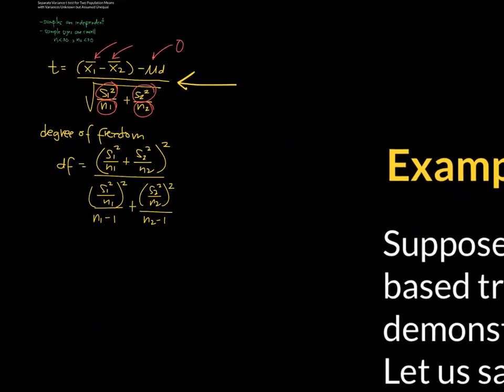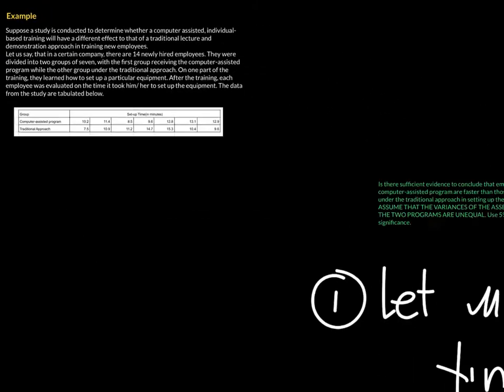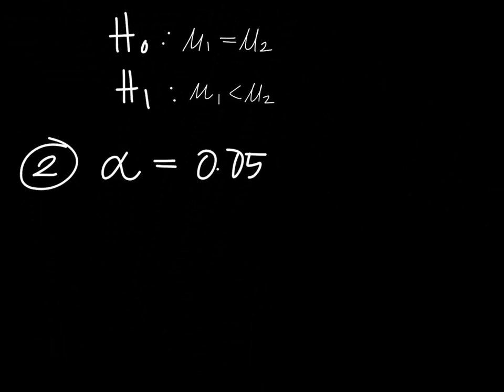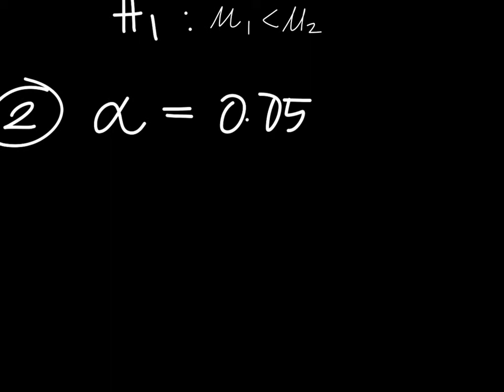To organize this needed information in your solution, you can just list them down one at a time. We need to find x1 bar, and then x2 bar. We need s1 squared, or you can find the sample standard deviation and then square it. You need to know n1.